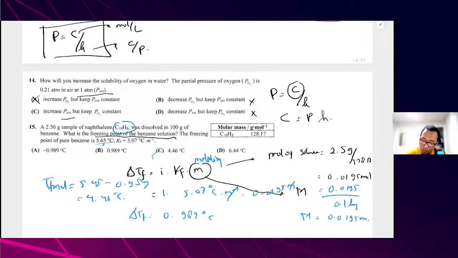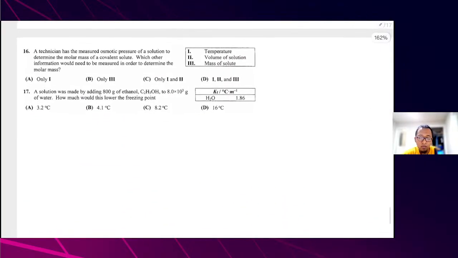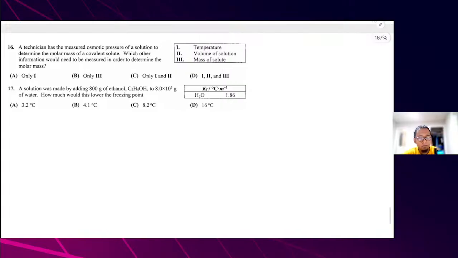So the answer will be C. We need to be careful when checking the last part, because sometimes we get the answer, however we need to do one more step.